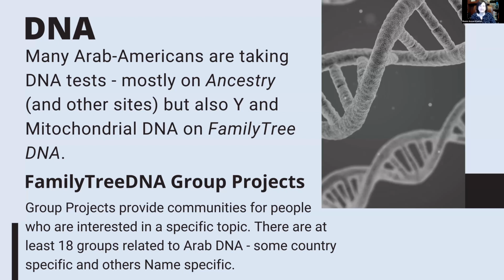So sometimes the DNA brings things through, whether it's autosomal DNA, at places like Ancestry or 23andMe. You also have Y-DNA or mitochondrial DNA on Family Tree DNA, which actually has group projects, and there are at least 18 of them related to Arab DNA.